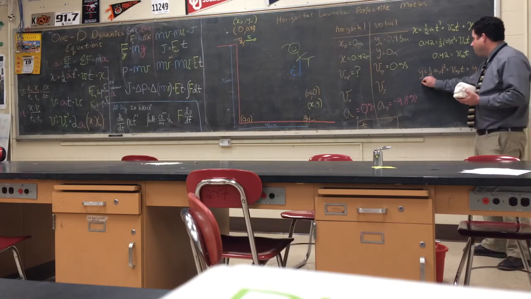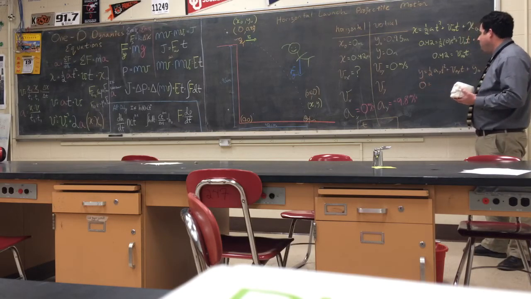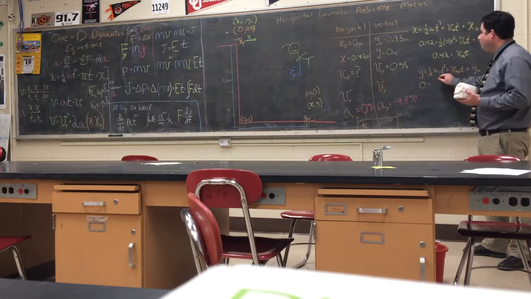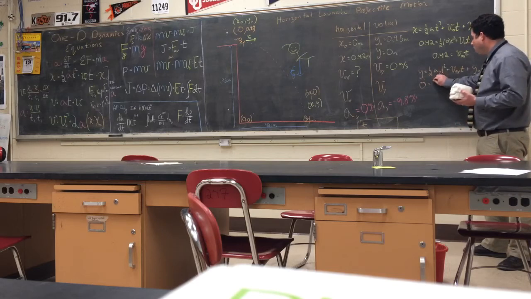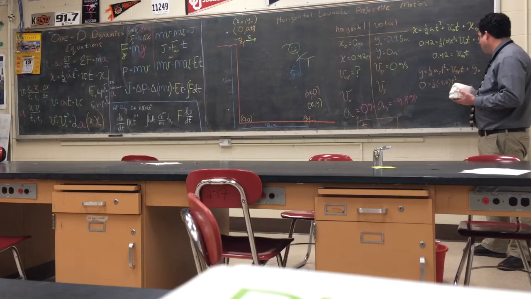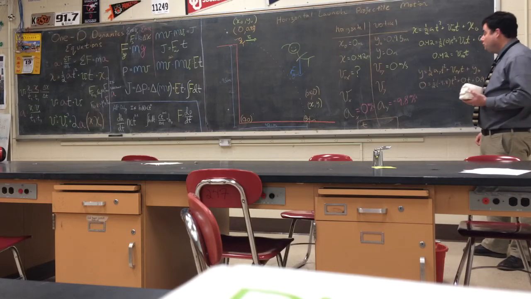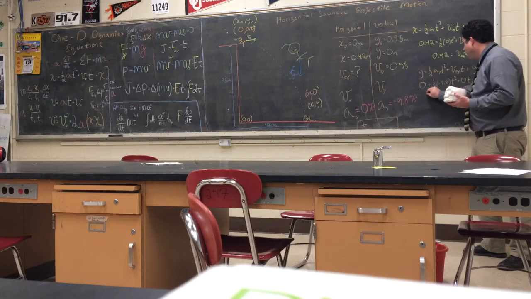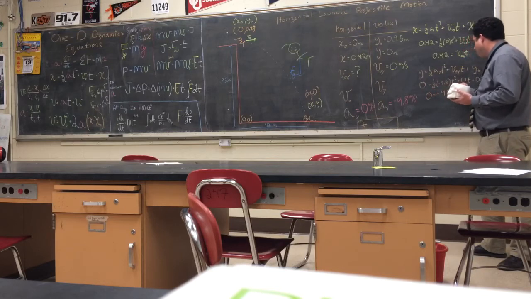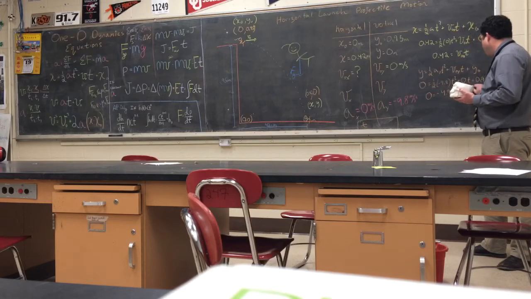So we have 0 equals 1/2 times minus 9.8 t squared plus 0t plus 0.95. So that gives us 0 is minus 4.9 t squared plus 0.95.